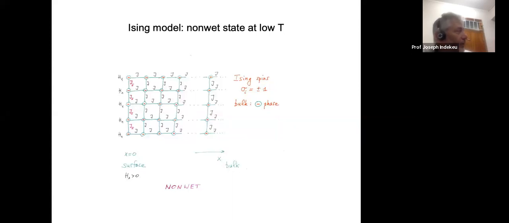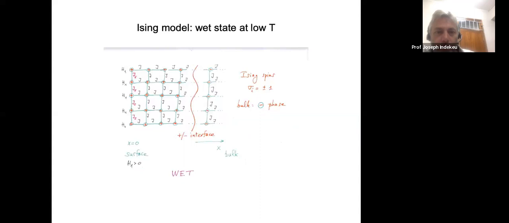There's a conflict of interest. The surface spin will say, yeah, I want to stay down because my neighbor is telling me to stay down. But I also want to go up because the surface field wants me to go up. If I crank up the surface field, I can arrive at a situation which is in the next cartoon, which is called a wet situation. A wet situation is where the surface field has convinced the surface layer to flip.